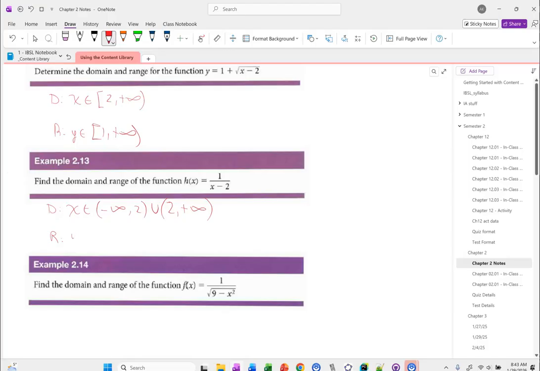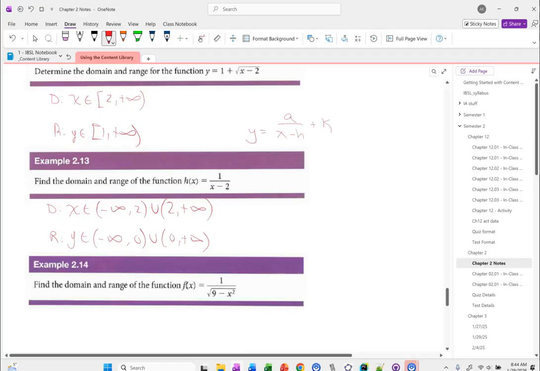You might also remember that from your Algebra 2 course, that this is like the form for a simple rational function, where like x equals h is your vertical asymptote, and y equals k is your horizontal asymptote.